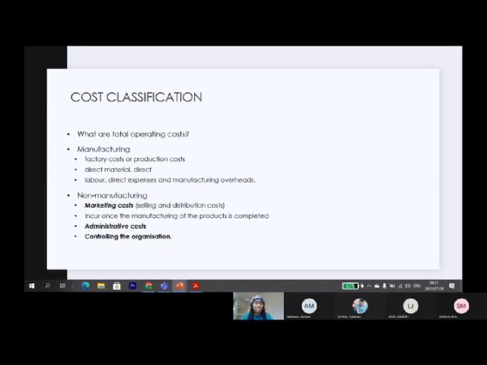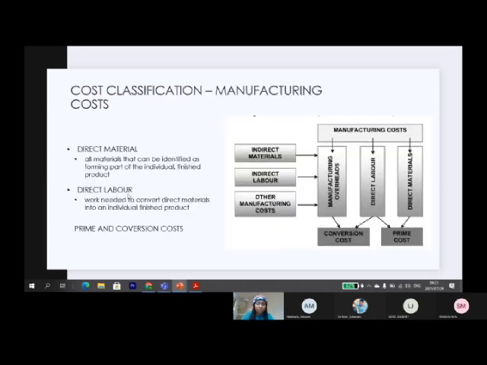Okay, so I have a diagram here that shows, or you could just make sure that you understand the diagram here, because it's a nice summary of what manufacturing costs are. What do I take into account? So with manufacturing costs, these are the three pillars that you need to look at.